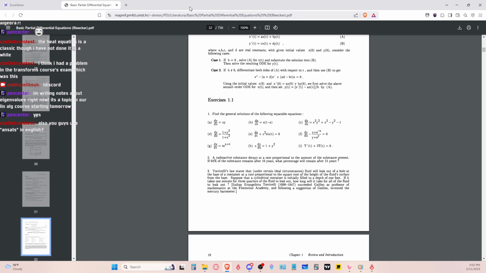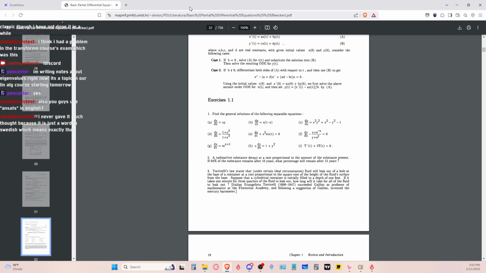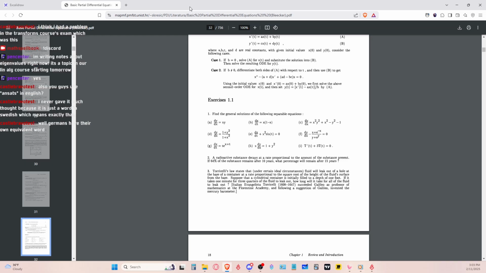I don't remember exactly. And yeah, it's about making a guess. So I never gave it much thought because it's a word in Swedish which means exactly that. Oh, okay. Well, Germans have their own equivalent word. Oh, okay. Yeah, because I wasn't sure exactly the origin of it.